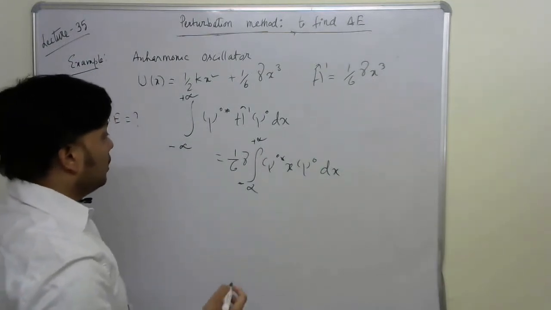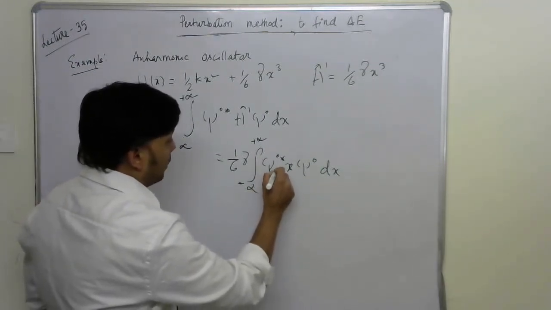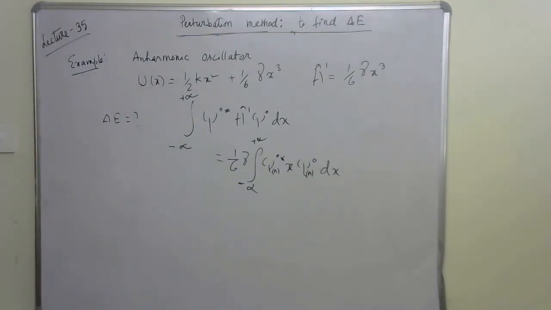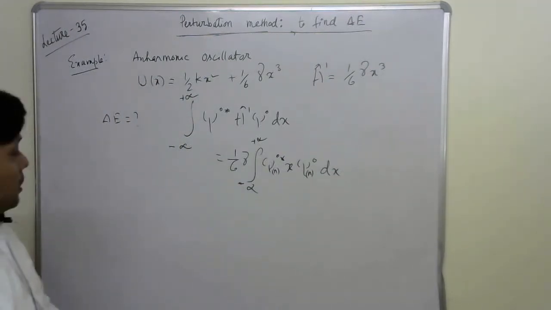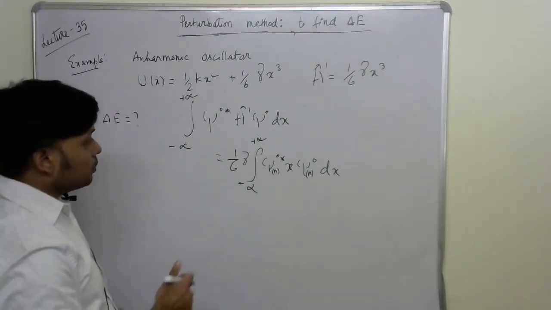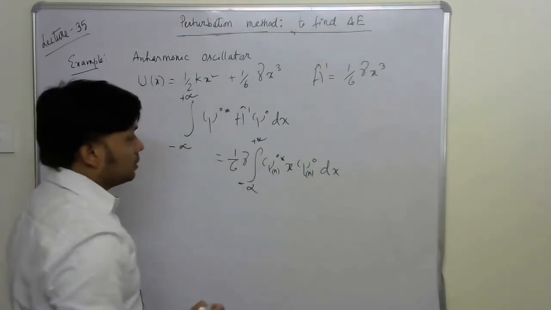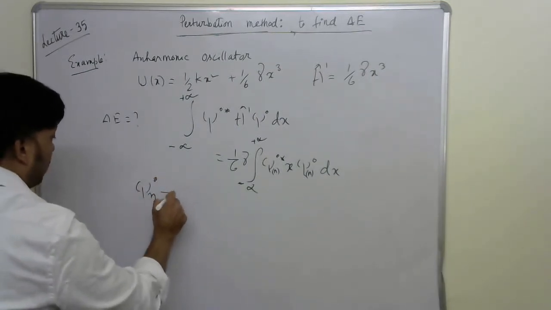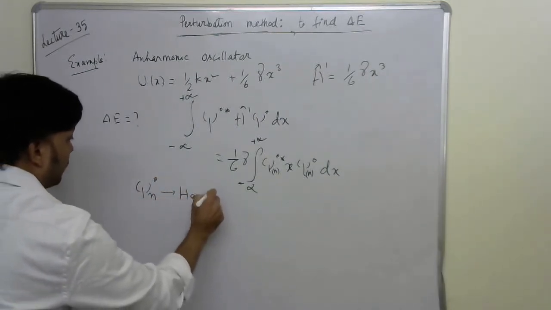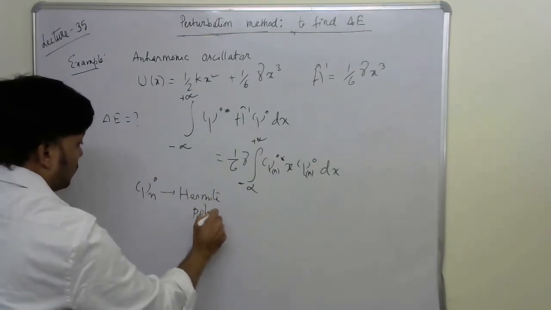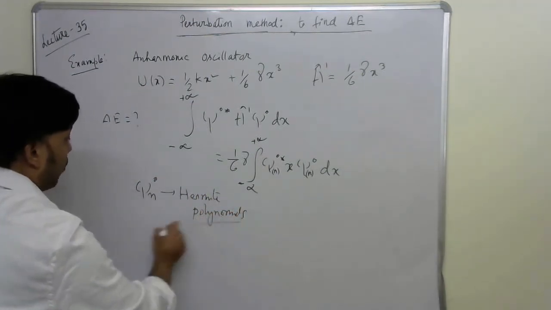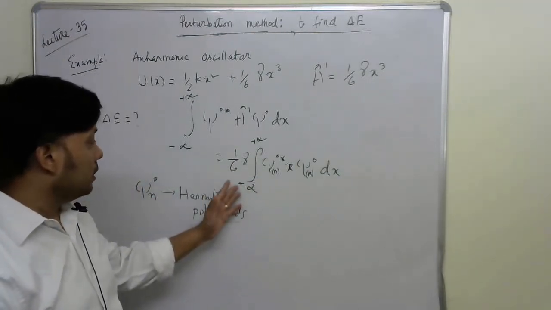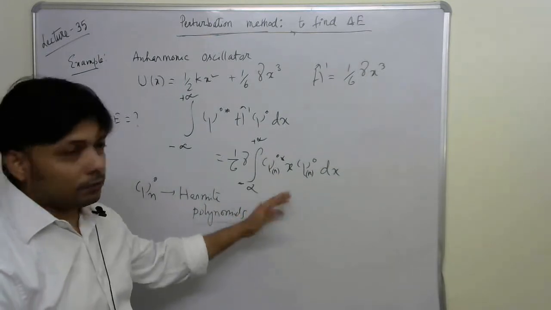Here we can talk about psi 0 n because it is dependent on n, the quantum number for the anharmonic oscillator. So now you see that psi 0 n comes from a Hermite polynomial. Its expression can be solved from Hermite polynomials, and we see that for n even or odd, this psi 0 n can be even or odd.